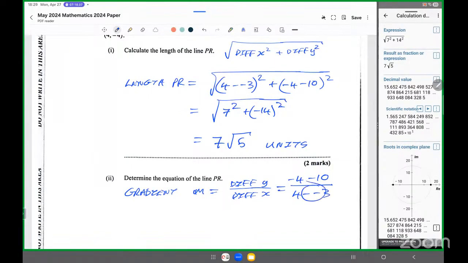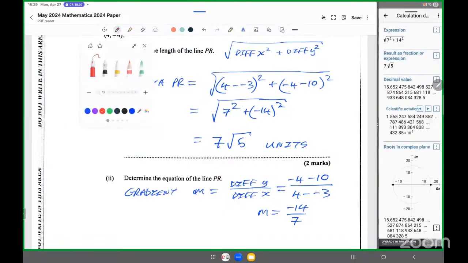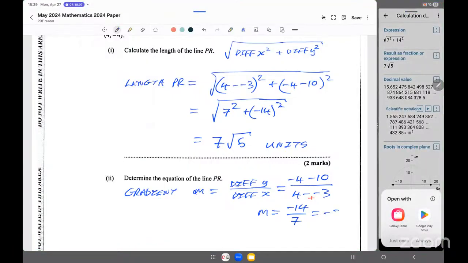This minus minus here becomes a plus again. So it becomes equal to negative 14 over 7, and negative 14 over 7 is negative 2. So the gradient is actually negative 2.